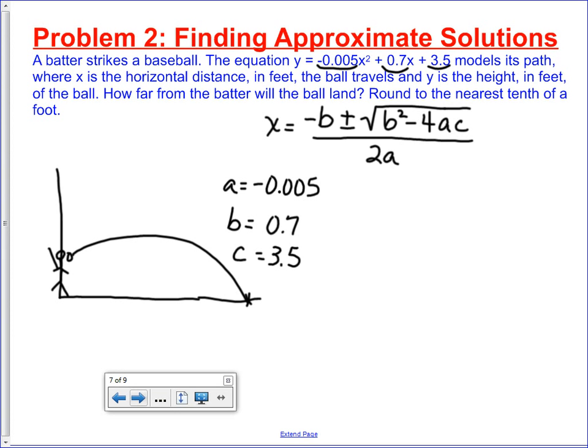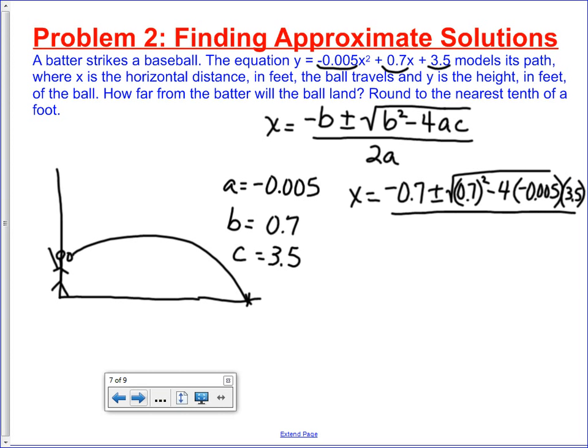All right, so here we go. X equals the opposite of B, which would be a negative 7/10, plus or minus the square root of 7/10 squared minus 4 times A, which is negative 5/1000, times C, which is 3.5. All divided by 2 times A, which is negative 5/1000.